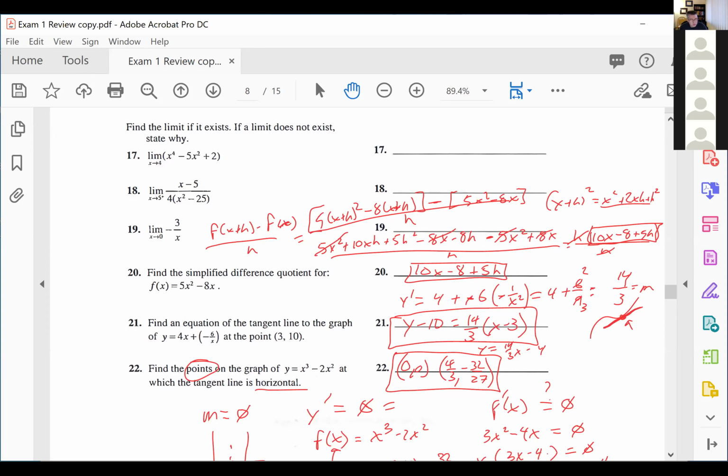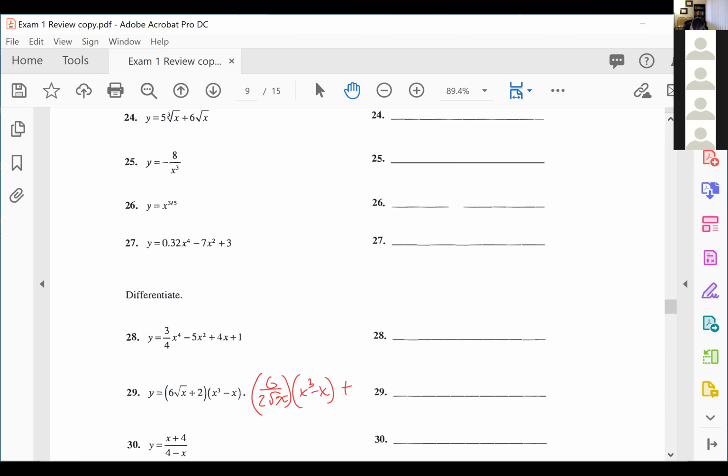So derivative of the first, that's 6 over 2 radical x, plus the derivative of 2, that's 0, right? So derivative of the first times the second, plus the derivative of the second times the first.